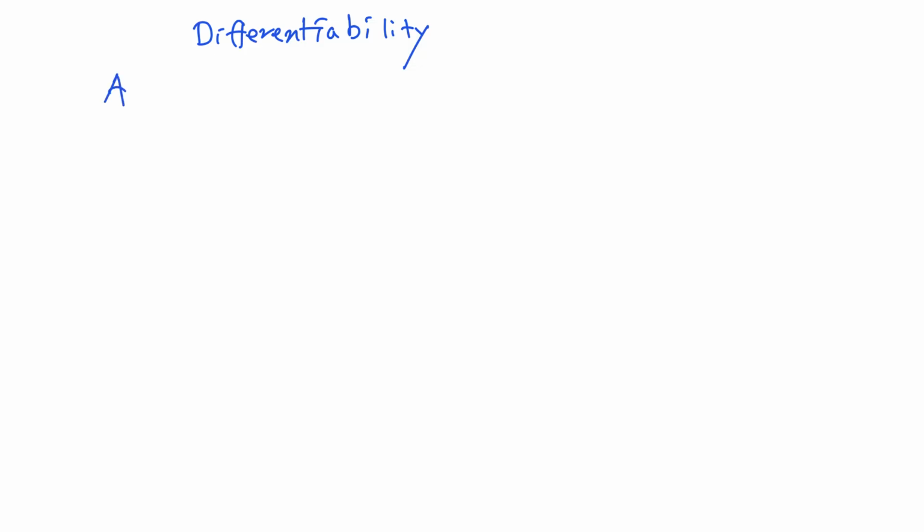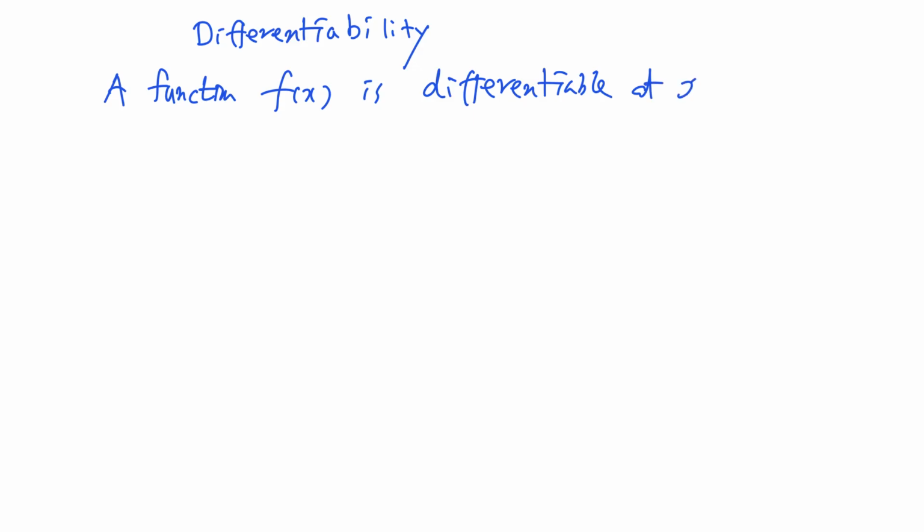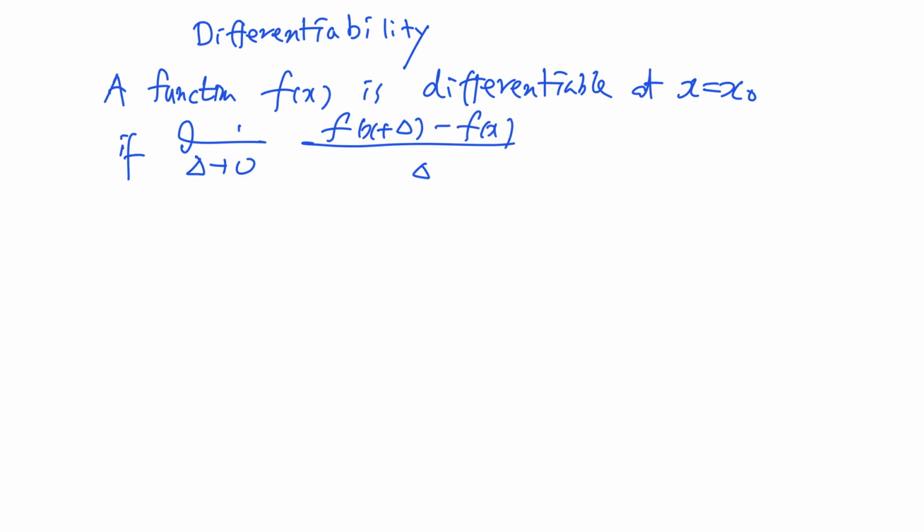Function f(x) is differentiable at x equals 0 if the limit exists and also the other limit exists.